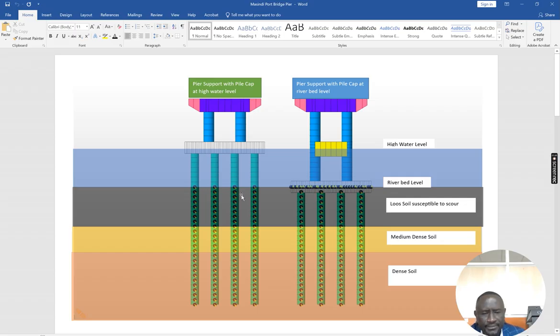So that means my height at the onset is from this point at the riverbed all the way to the top. But it is a breast midway, or at the high water table or water level.